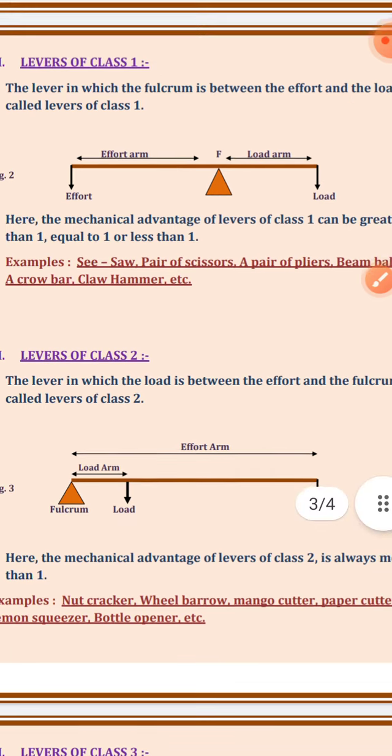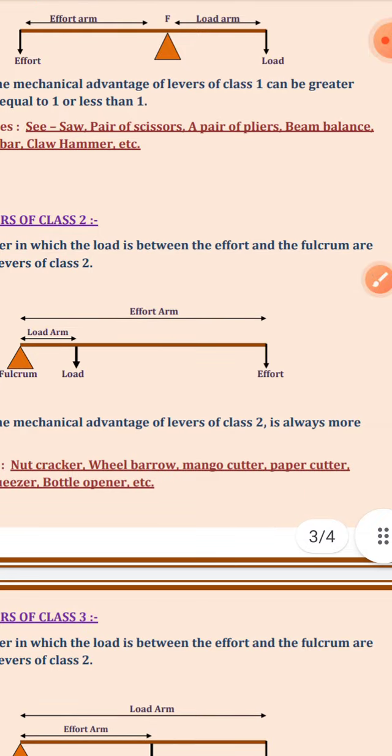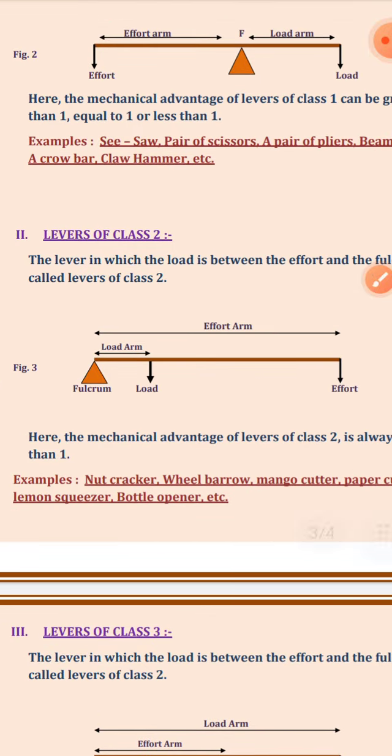Now over here it is given that the mechanical advantage of levers of class 2 is always more than 1, because in whatever place between the fulcrum and the effort you place the load, it can never reach a place farther than the effort arm.